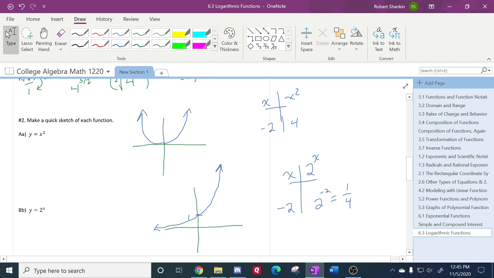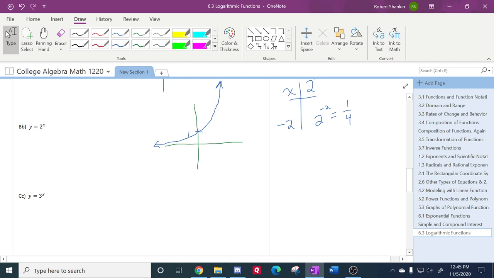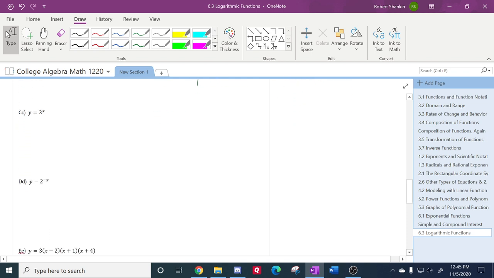And then let's go to C and D, and I'm going to alter D. Let me change this.